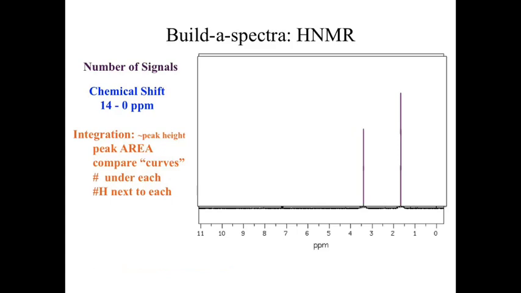Okay? If you look really, really carefully at this, you can see that in my simplifications, there is some overlapping here. So our integration is 2 to 3. Okay, well, what does that tell us about our structure?